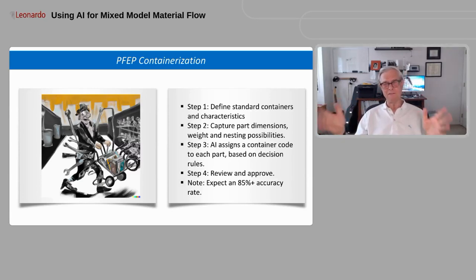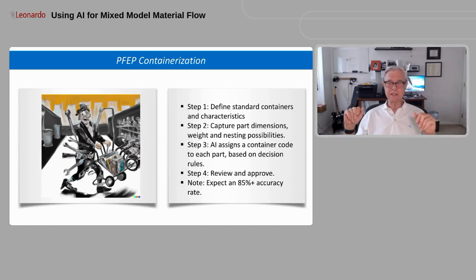We're allowing 5 different bin sizes on the factory floor. Just made up a number. And you know the size, the dimensions of each bin, and you can capture part-specific information like weight and length and height and width, etc.